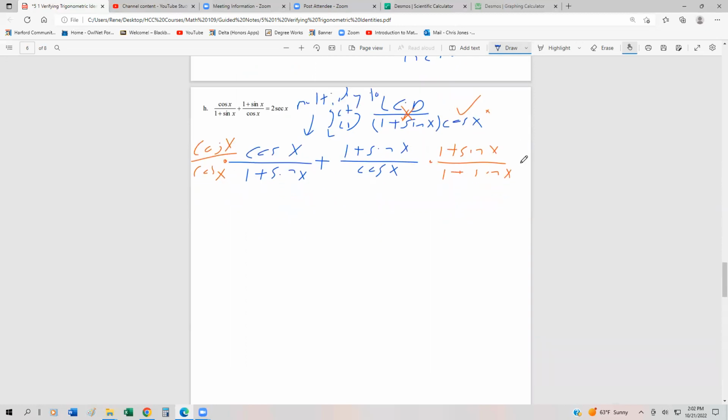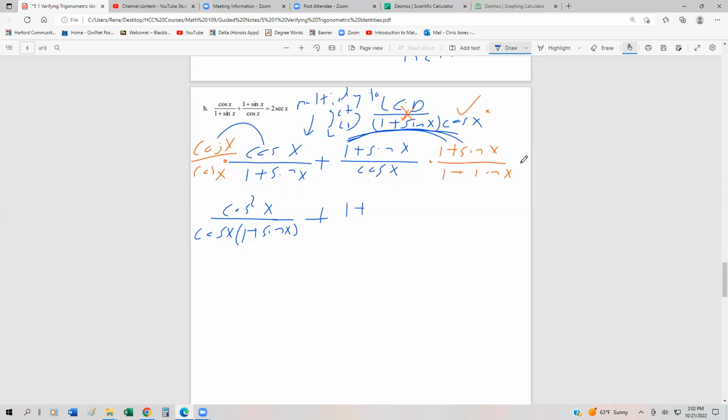Okay, and so if we multiply, cos times cos is going to be cos square of x, and we still have our denominator of cos x 1 plus sine x, and we're not going to FOIL that, we're just going to leave it. Now, in the numerator over here, we're going to FOIL. So we have a 1 times 1, so that's going to be a 1.